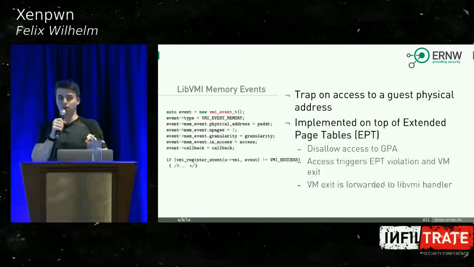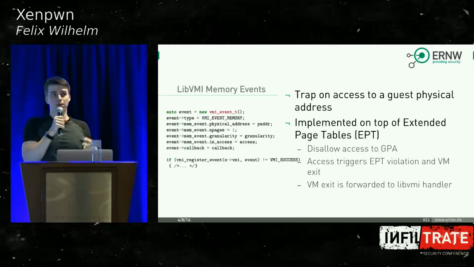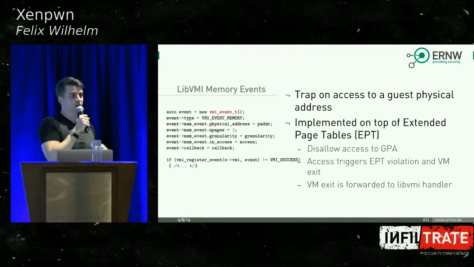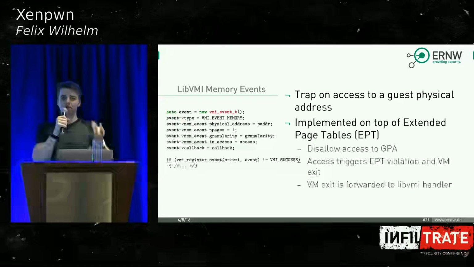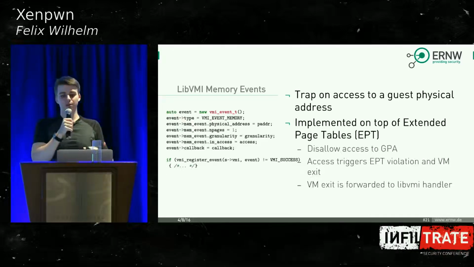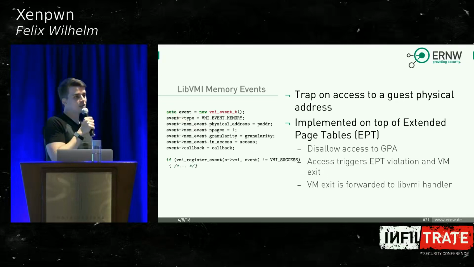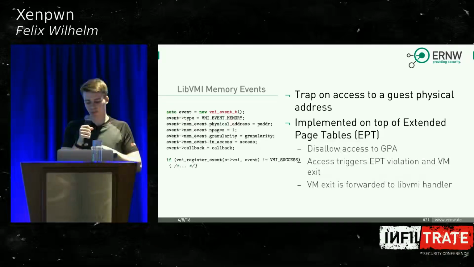So the idea is, if we register such a memory event, libvmi will simply disallow access to this guest physical address. When the virtual machine accesses the guest physical address, it will trigger an EPT violation, which will trigger a VM exit, and the VM exit is then forwarded to our libvmi handler, where we can do whatever we want.